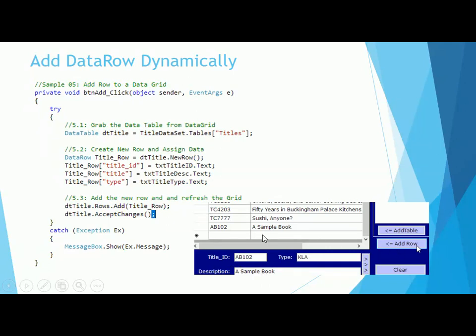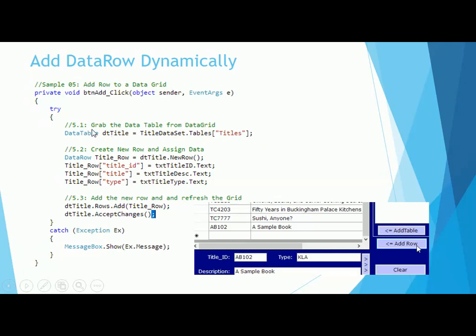So the only difference is, in the previous case, we directly edited the data. Here we are forming a data row and we are adding it to the grid. So here is the code for add row handler. So what we are doing, first we are getting the data table from the title data set. So the same way that we added our constraint, we are getting the data table.